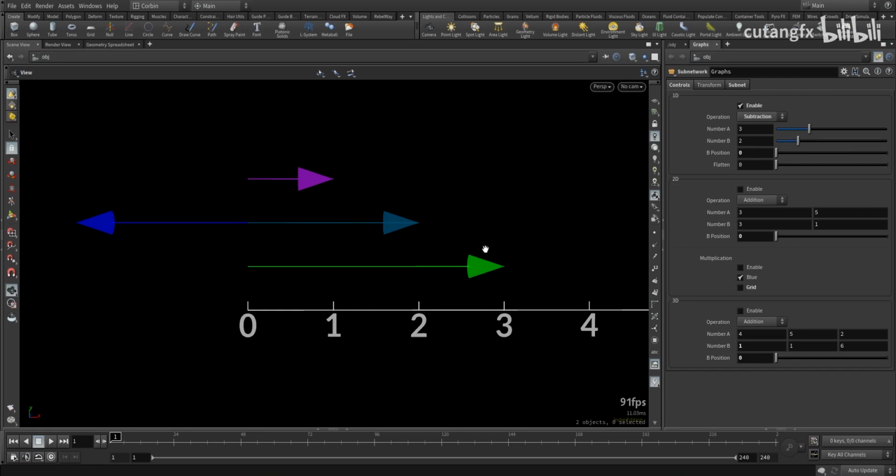And 3 plus negative 2 would give us 1. And although this is hard to visualize, if we move it here so that the tail of the blue vector touches the head of the green one, then we're going 3 units this way and then 2 units back. So the result is 1 unit in the positive direction. Okay.